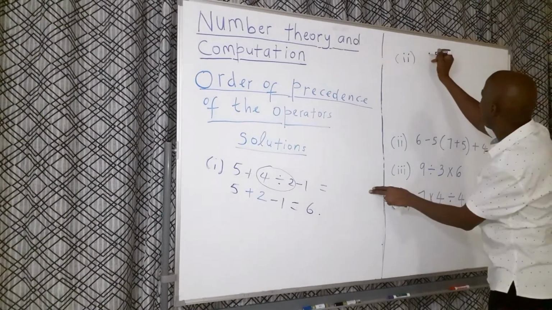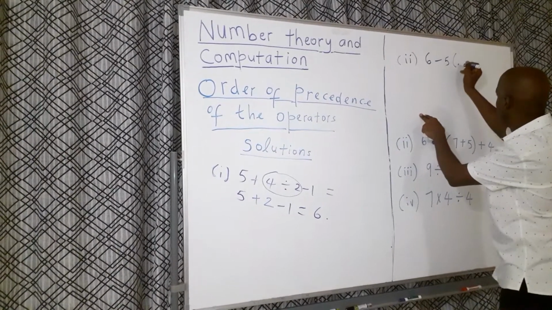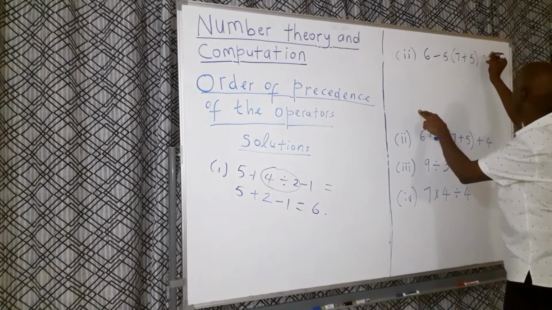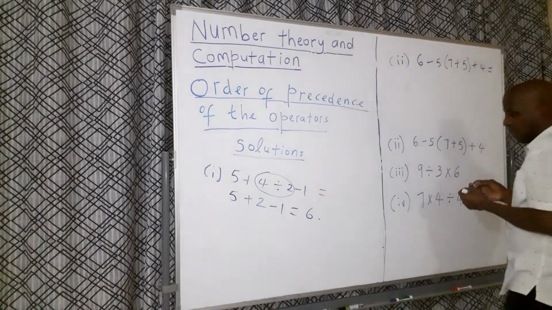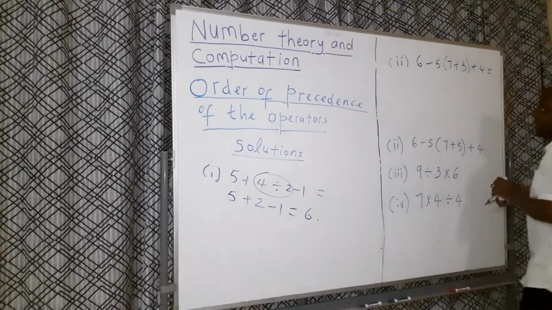Again, write the question first. That which is given is equal to. Now, if you observe, ladies and gentlemen, we have how many operations taking place?